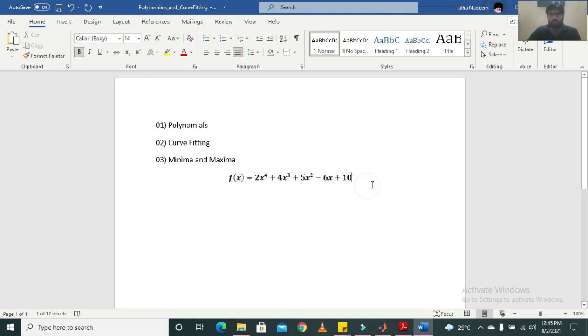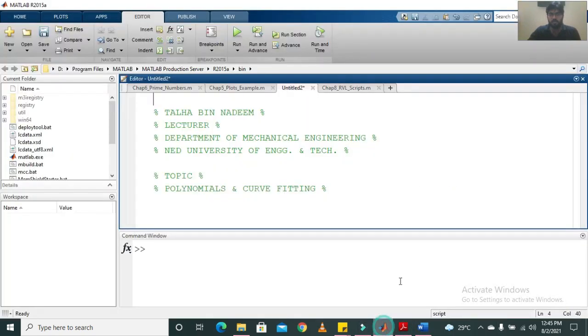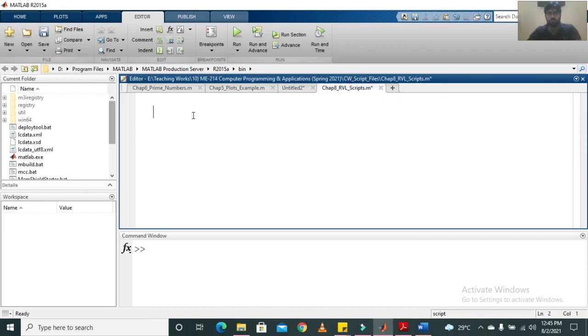Let's say I just copy it from here and we go into MATLAB. So this is my function, let's say this is your polynomial 1.